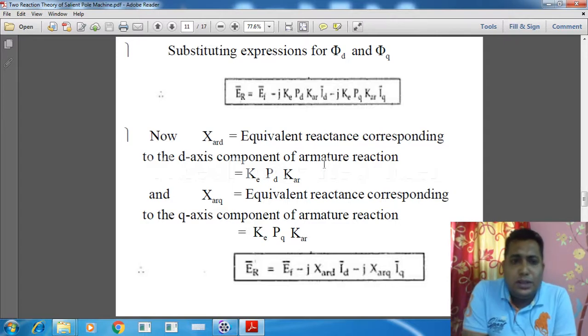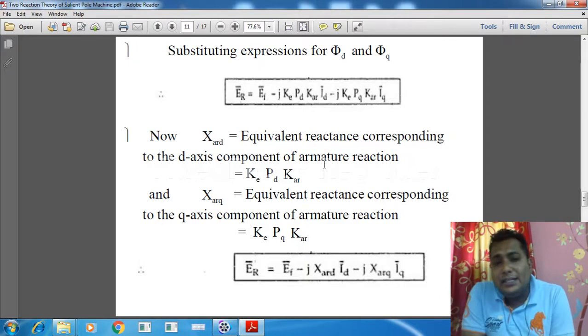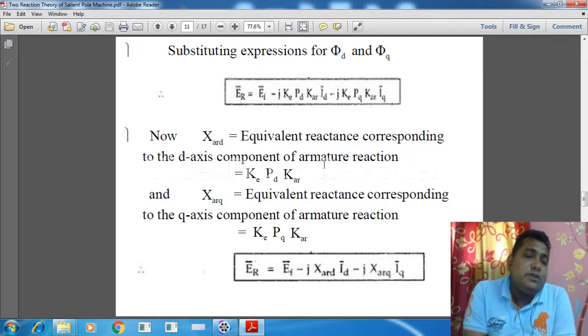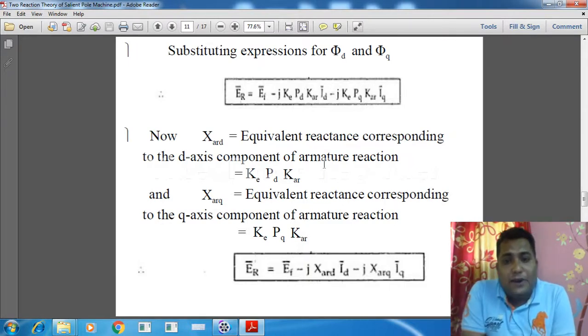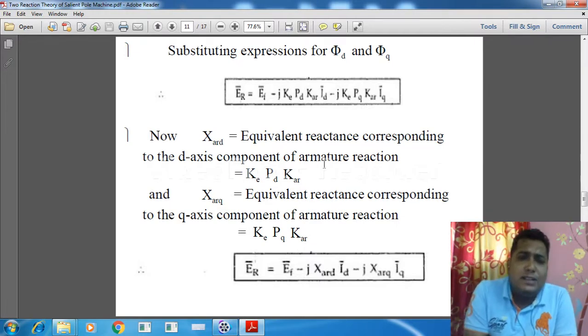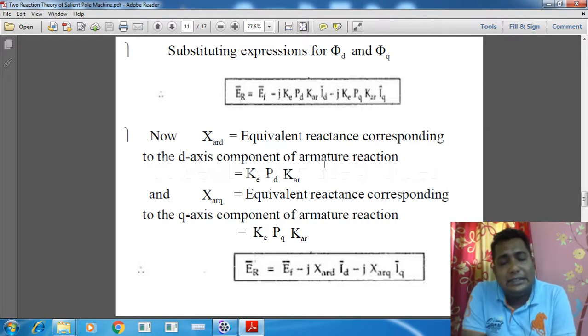Okay, so now we are considering that Xard is the equivalent reactance corresponding to the d axis of armature reaction. So it is equal to Ke into Pd into Kar. At the same time, the quadrature axis equivalent reactance, corresponding to the q axis of armature reaction, is given by Xarq.